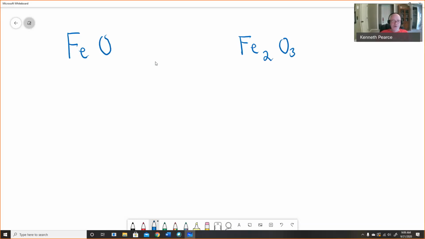But we have to be able to say, well, which one is it? And it goes back to the charge. As previously explained, you can figure out the charge based on what you know to figure out what you don't know. And I know that oxygen is 2 minus. Therefore, to get the irons to add up to 0, that iron has to be a 2 plus. And so we have to specify what kind of iron it is.